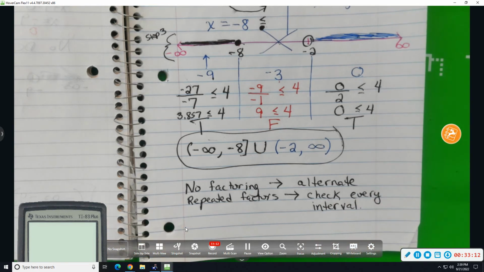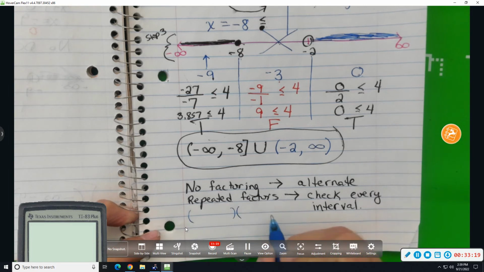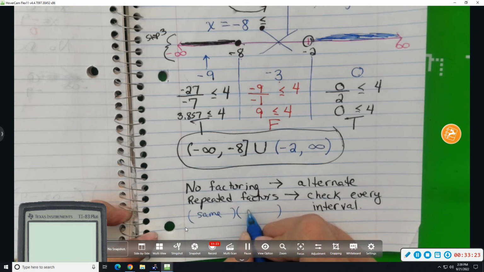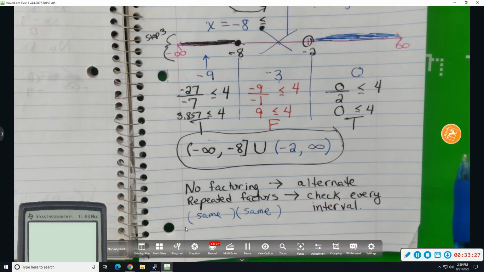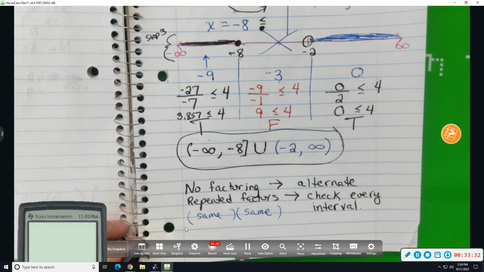And what do I mean by repeated factors? Well, when you're factoring, you draw your two parentheses, and if you get the same thing in both sets of parentheses, it might not alternate. So then you have to do what I did here and check every one of them.